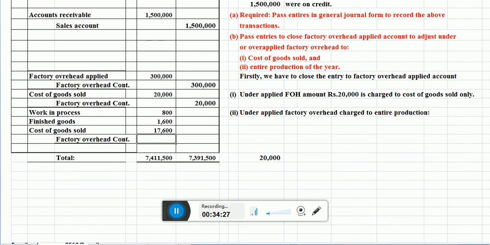Now students, against factory overhead control here 20,000 rupees.